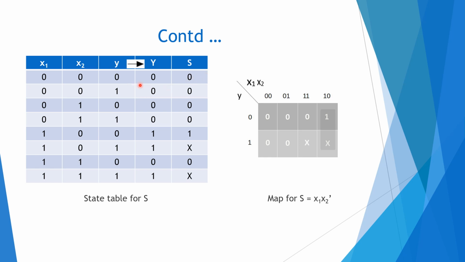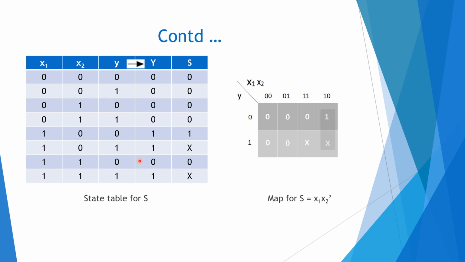So here when it is 0 to 0, we have seen earlier in the excitation table it is 0, and 1 to 0, according to the excitation table, this S is equal to 0. 0 to 0 it is 0, 1 to 0 it is 0, 0 to 1 it is 1, and this value will be obtained from the transition table, where when x1 and x2 and y equal to 0, the next state value Y will be 0.